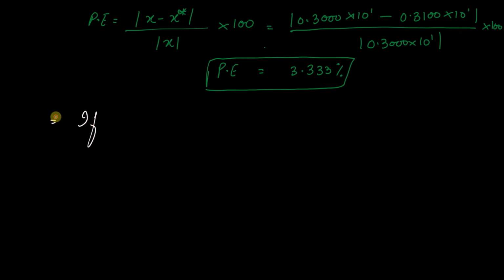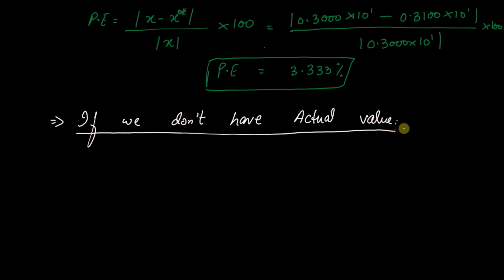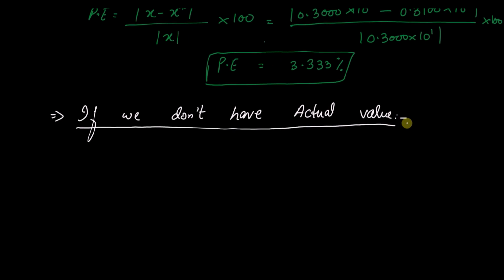So if we don't have the actual value, how will we find the errors of the problems?